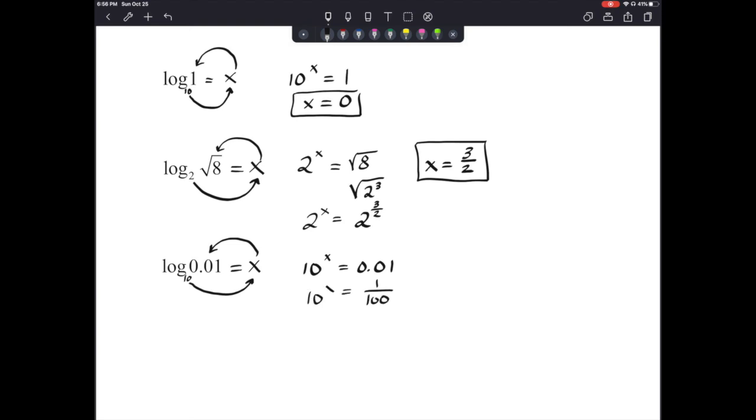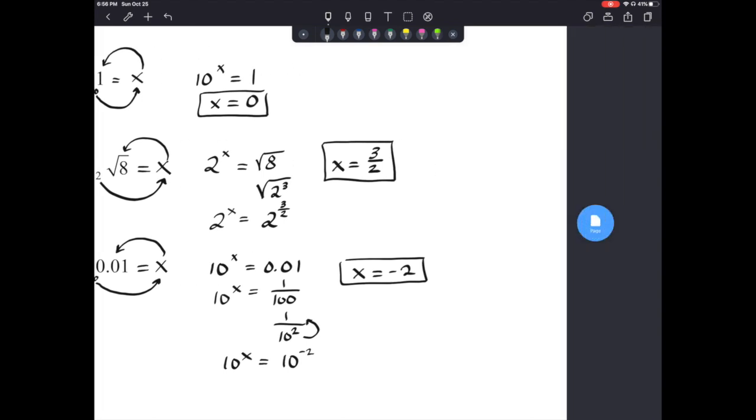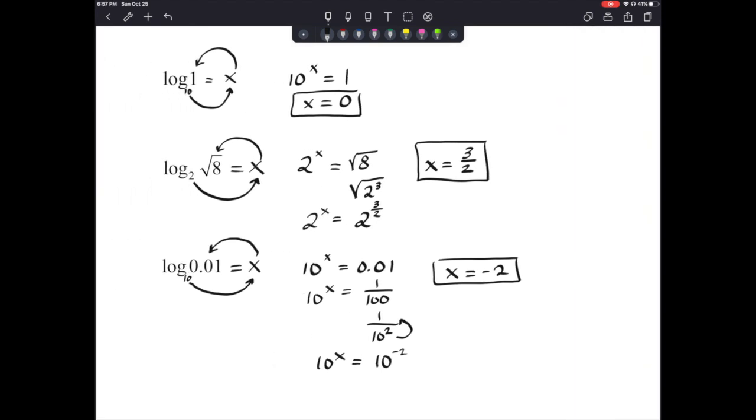That might make it easier for you if you don't have a calculator. So this is like saying 1 over 10 squared, and if I move my 10 squared to the top, it becomes 10 to the -2nd power. Now I have the same base, and I know that x is going to equal -2. You may type it in on the calculator to check it. And I believe that is our last problem.